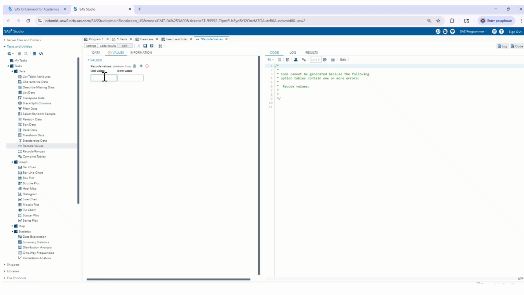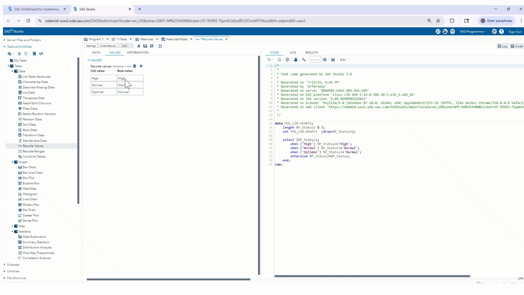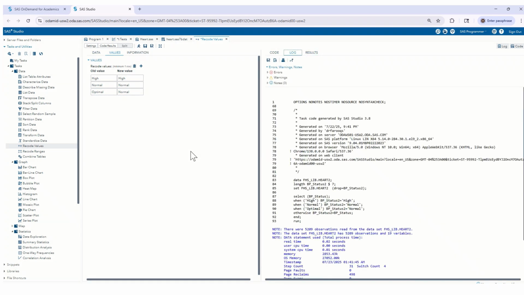I'm going to have the old value high as still high, and then I will have normal as normal, and optimal is also normal. So I'm converting three categories into two categories now. I'm going to submit the code.